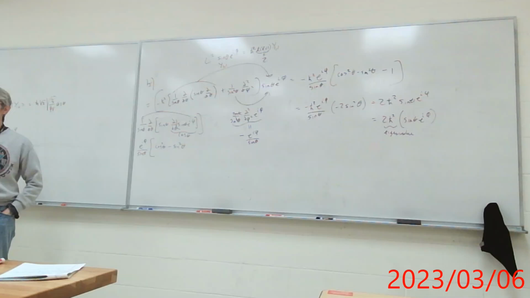And all that's going to happen is I'm going to bring down two factors of i, so I just get minus, and one of these signs cancels, minus e to the i phi over sine theta.